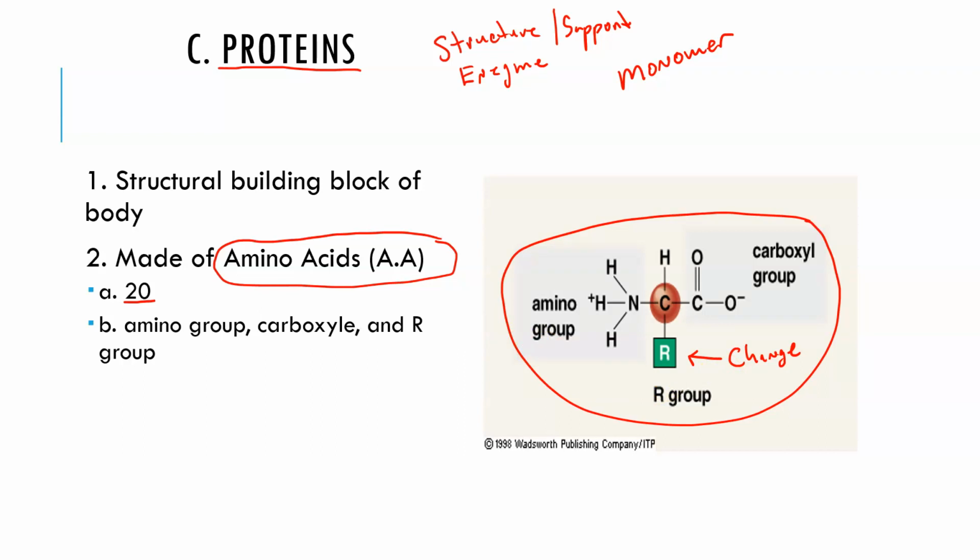Now, what's unique here is how these amino acids begin to bond together. If you remember how I mentioned previously, you take a monomer and then add another monomer and then another monomer, and eventually you're building a polymer. And again, poly means many.